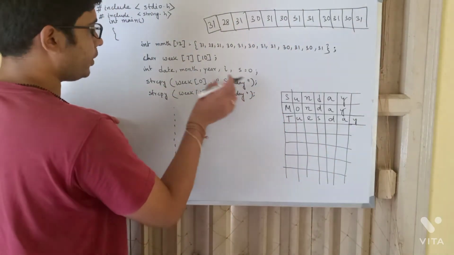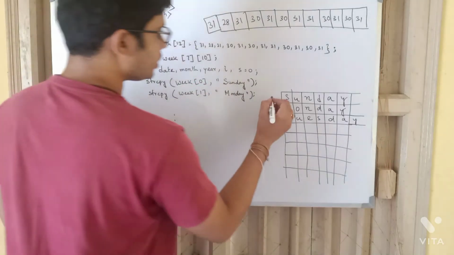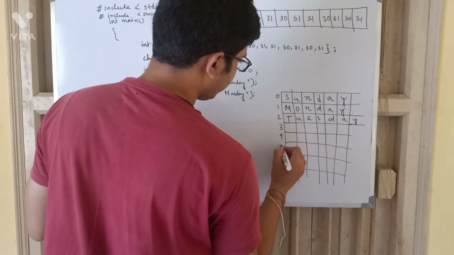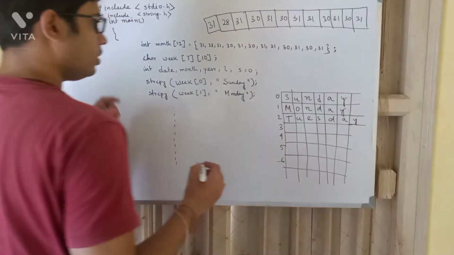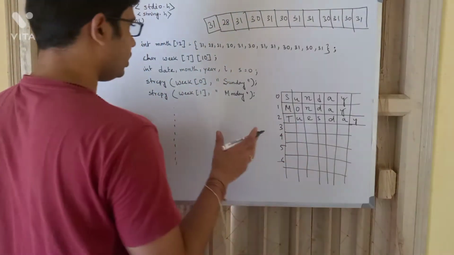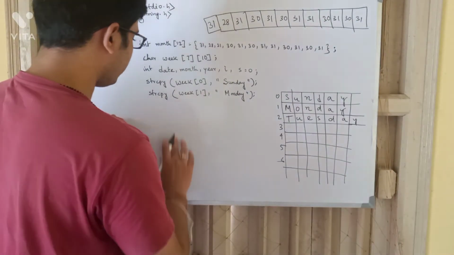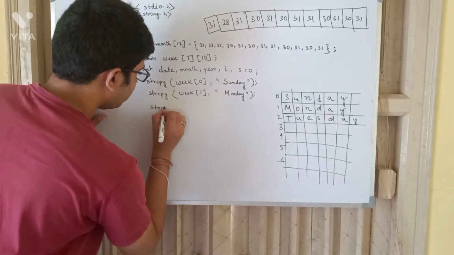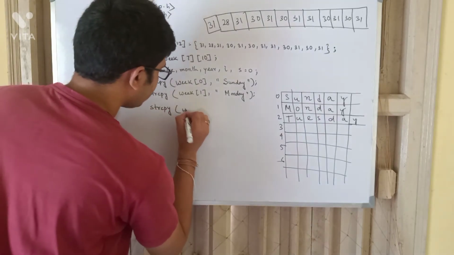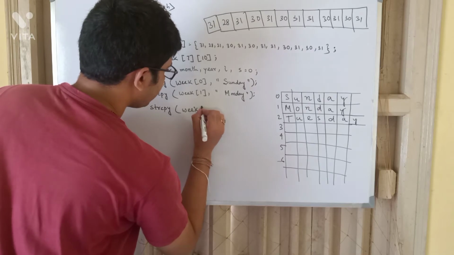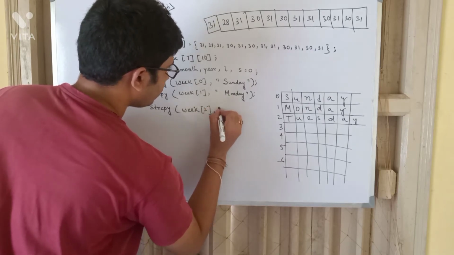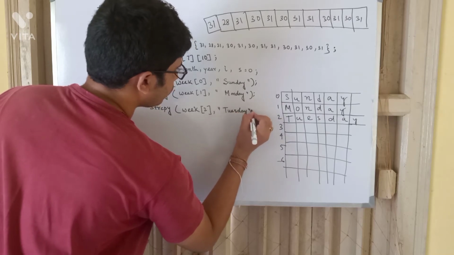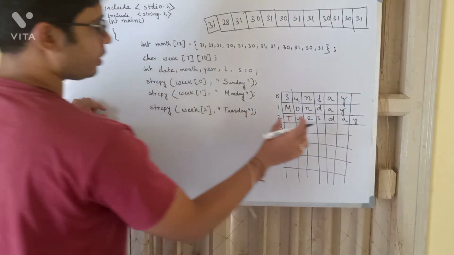Sunday will be copied to week 0, like this: 0, 1, 2, 3, 4, 5, 6. This will be copied to all the 7 weeks. I am writing strcpy week 2 Tuesday. So Tuesday will be copied to here.